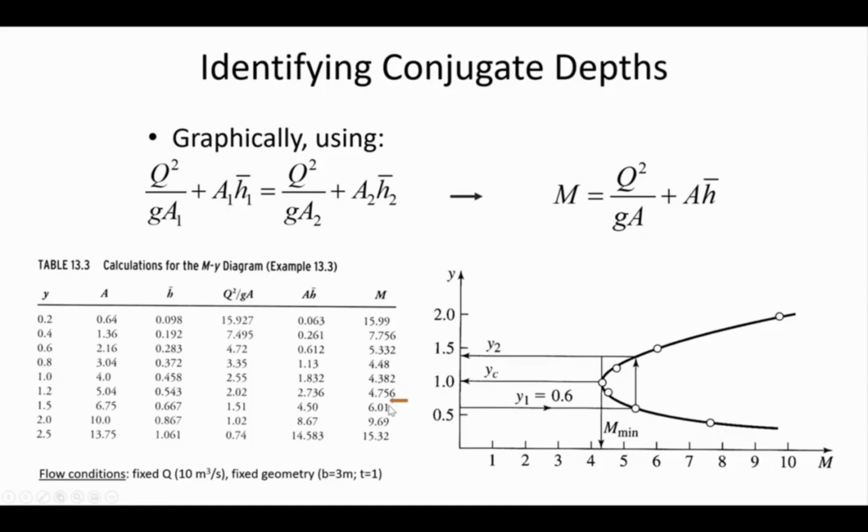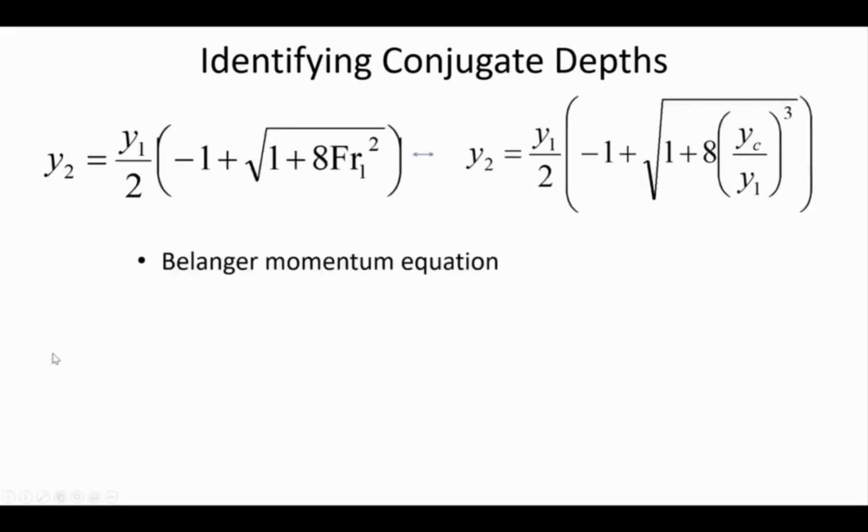The other depth is going to be between, so the 0.6 had 5.33. So the conjugate depth is going to be between 1.2 and 1.5. So you could just play around with one of those numbers until you found the goal momentum function that you're looking for from the known upstream depth.